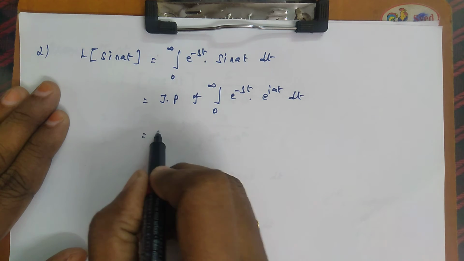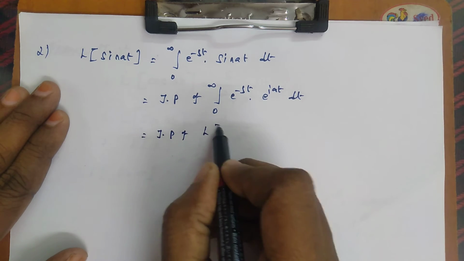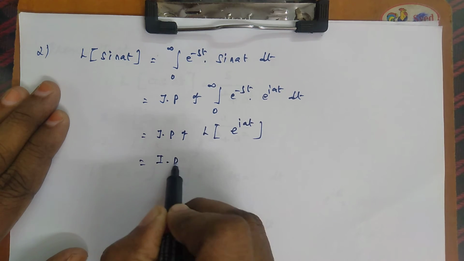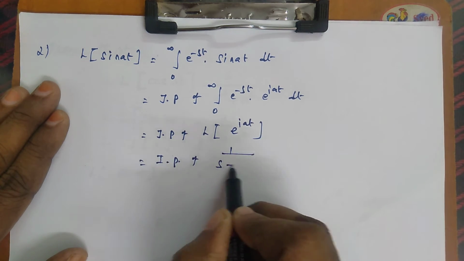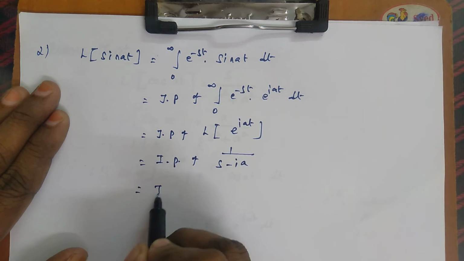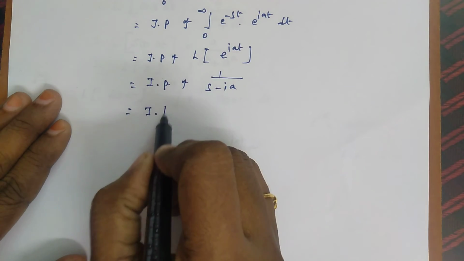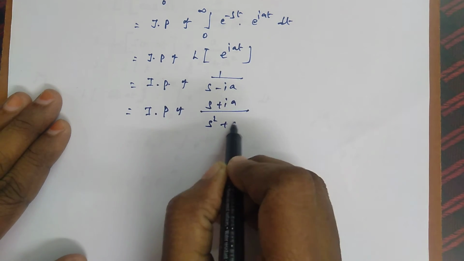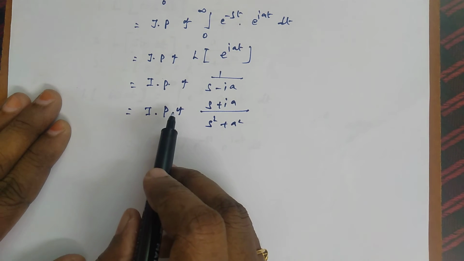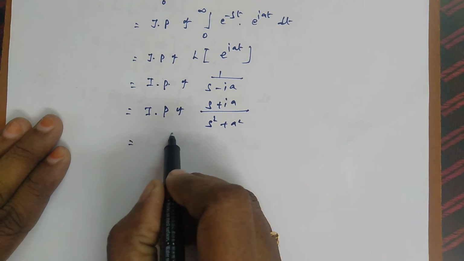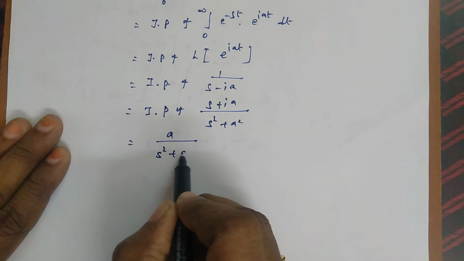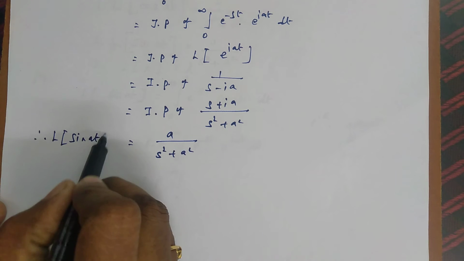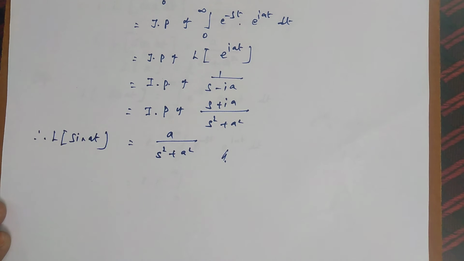So that is nothing but the imaginary part of the definition of e power IAT, that is the imaginary part of 1 by s minus IA. Multiplying and dividing by the conjugate s plus IA, divided by s square plus a square. So the imaginary part is nothing but a by. So the answer is a by s square plus a square. Therefore, L of sin AT equal to a by s square plus a square.